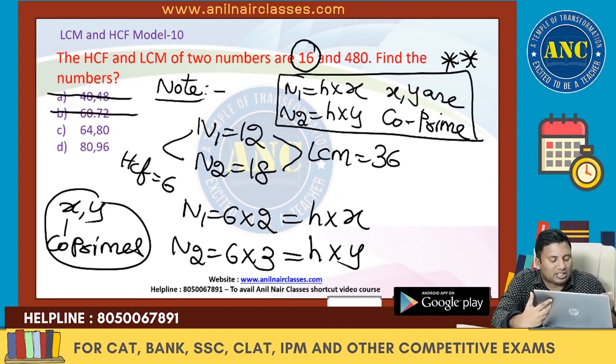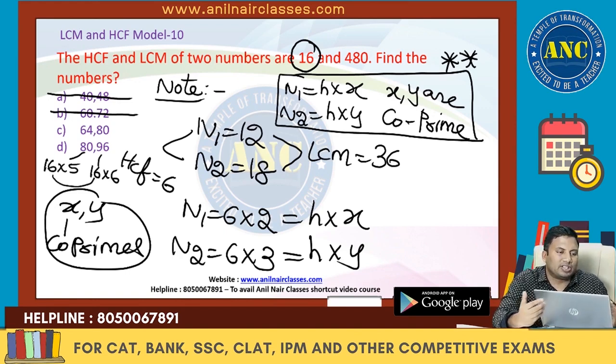By using this concept, A and B are eliminated. 16 5s, 16 6s. The LCM is 16 into 5 into 6, which is 30. 16 into 30 is 480. I hope the logic is clear.